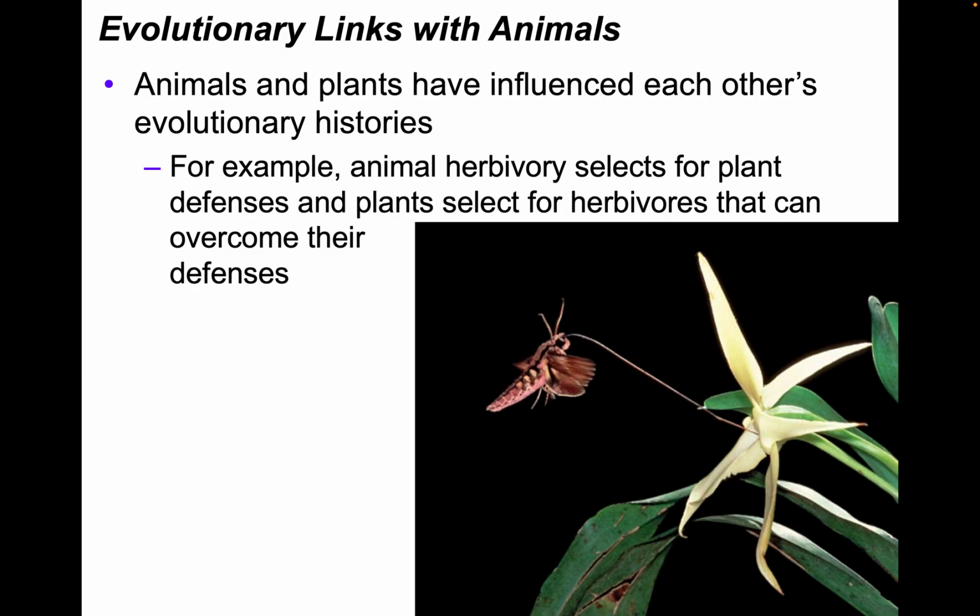So it's this arms race of producing a longer pollen tube to make sure that the moth goes all the way in until it bumps the anthers and catches the pollen. And the moth saying, I guess I'm just better off if I have a longer proboscis. So the longer the proboscis, the more they were able to get the nectar.